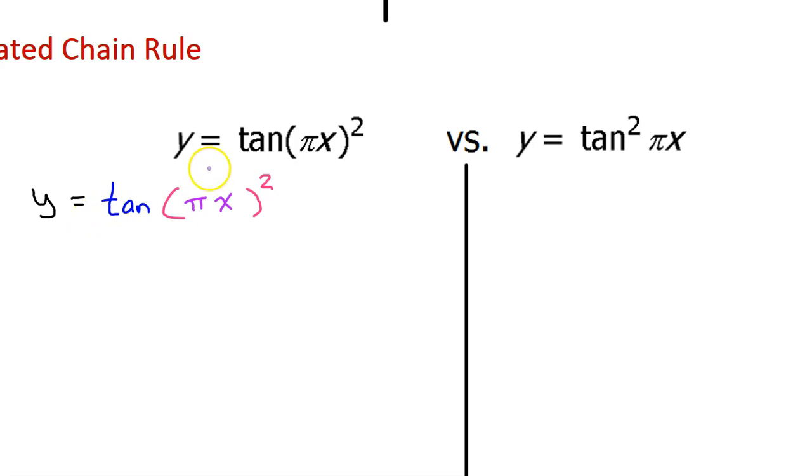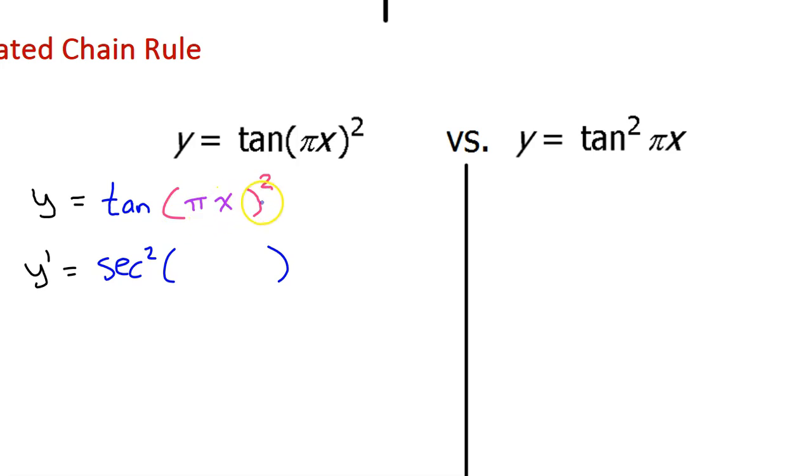So sometimes you have to do the chain rule 2 or more times. That's exactly what we have on this example. We have a function inside of a function inside of a function. Tangent is the outer function, and then inside of that we have something squared, and then inside of that we have the pi x. So according to the chain rule, to find the derivative, first we take the derivative of the outermost function. Memorized rule, the derivative of tangent is secant squared.